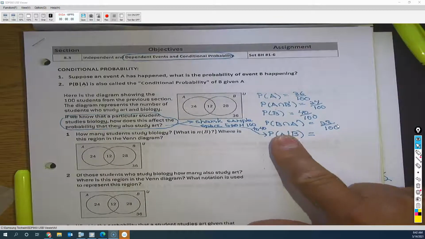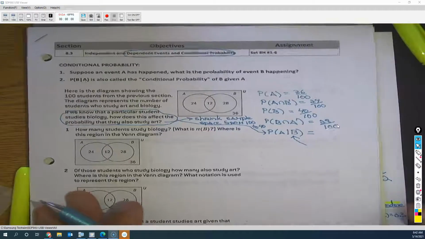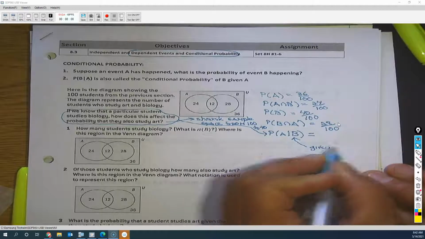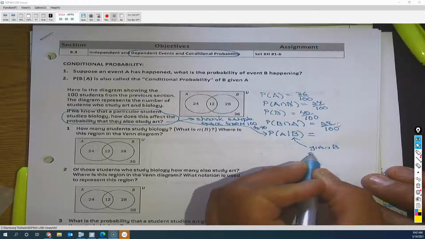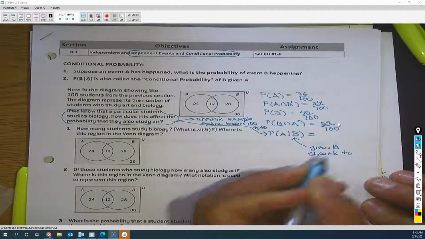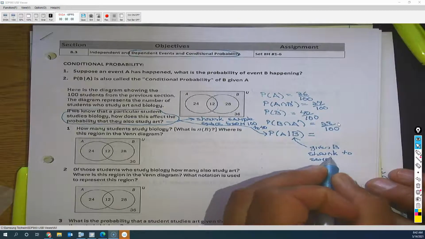Given B shrinks the sample space from 100 students to 40 students.